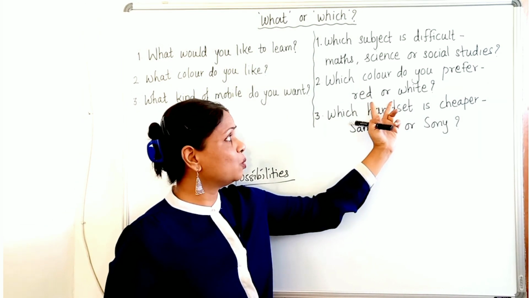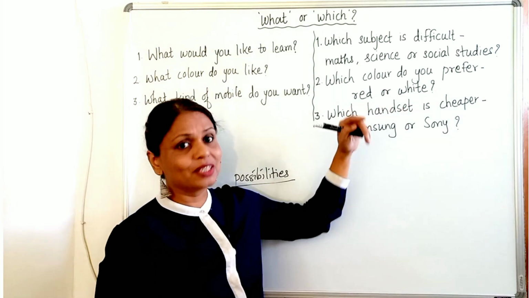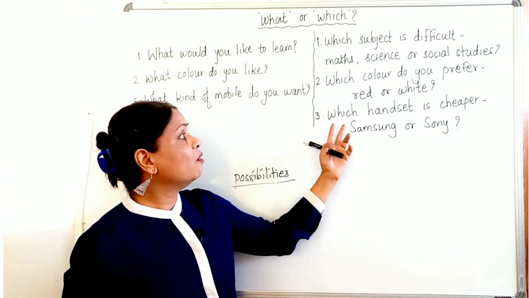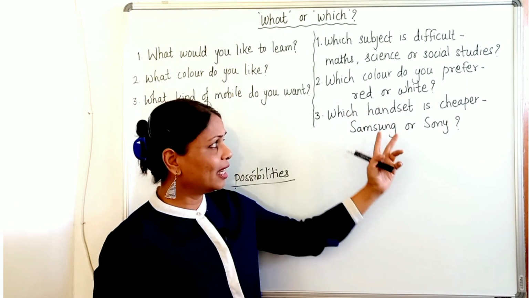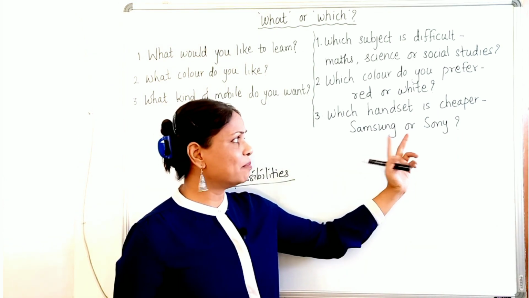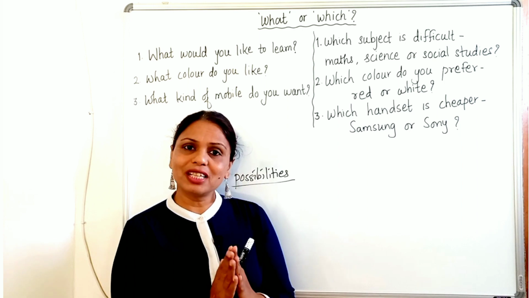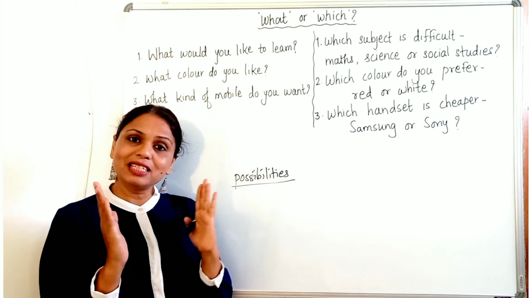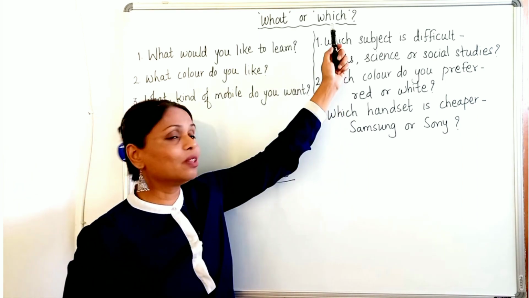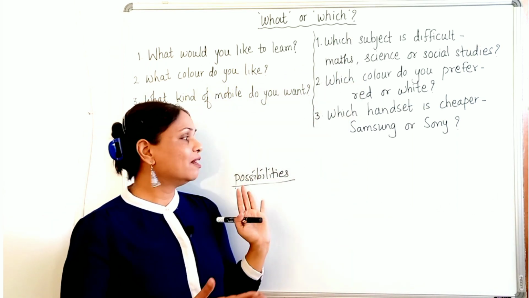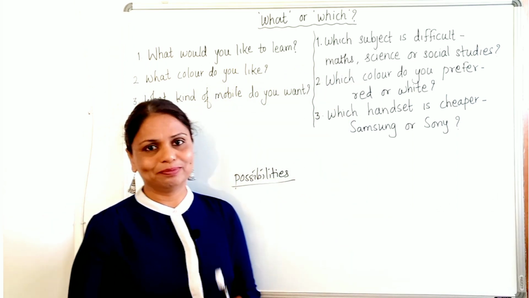And out of these 2, you need to tell which one is your favorite. Which handset is cheaper? Again, 2 options, Samsung or Sony. So remember, when options are given, when the possibilities are limited, you need to use which. Hope the first tip is clear to you.